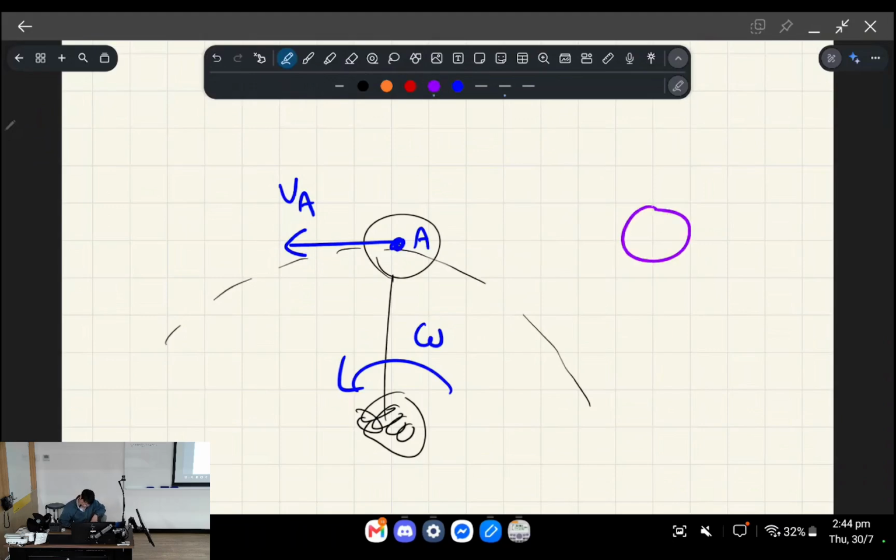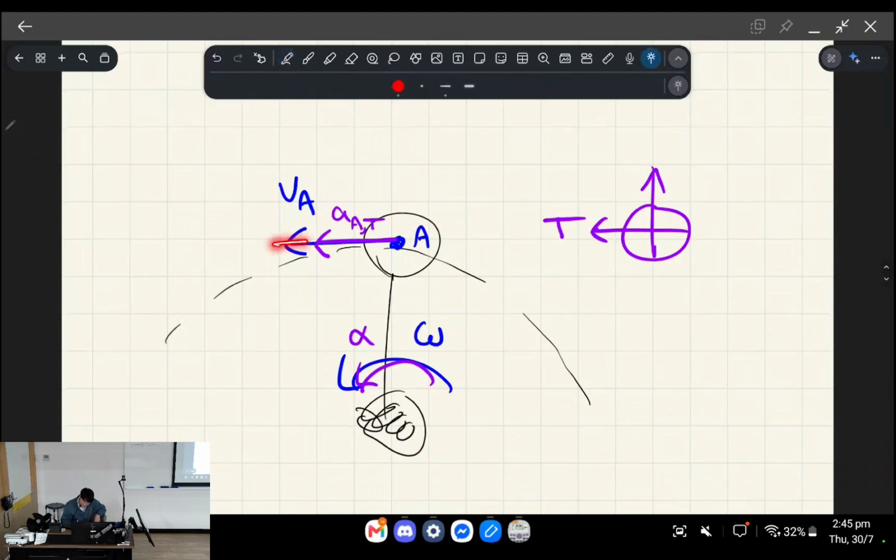So in terms of directions, we've got the t direction, which is tangent to the path. The other thing is acceleration. You've got some component of the acceleration in the tangential direction. If it's angularly accelerating, then the linear acceleration of A, in terms of its tangential component, follows the same line of action as the velocity vector.